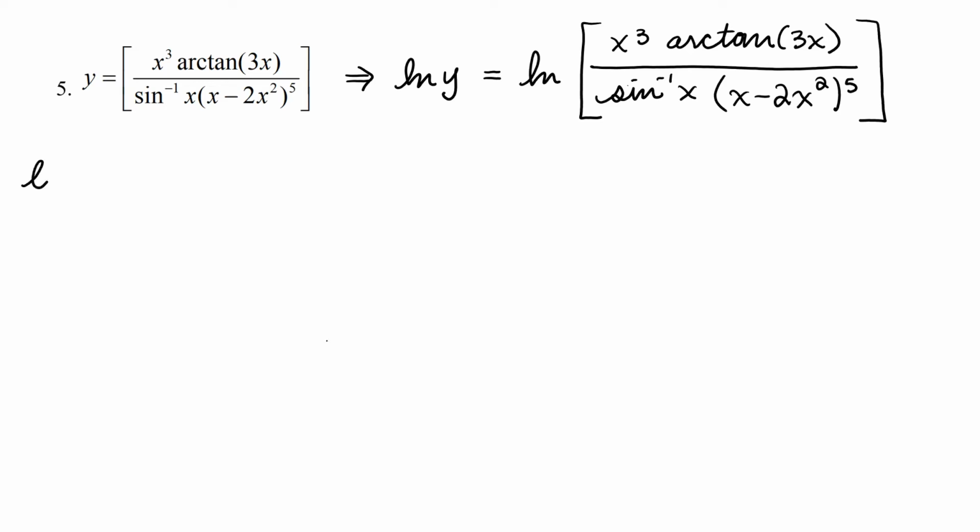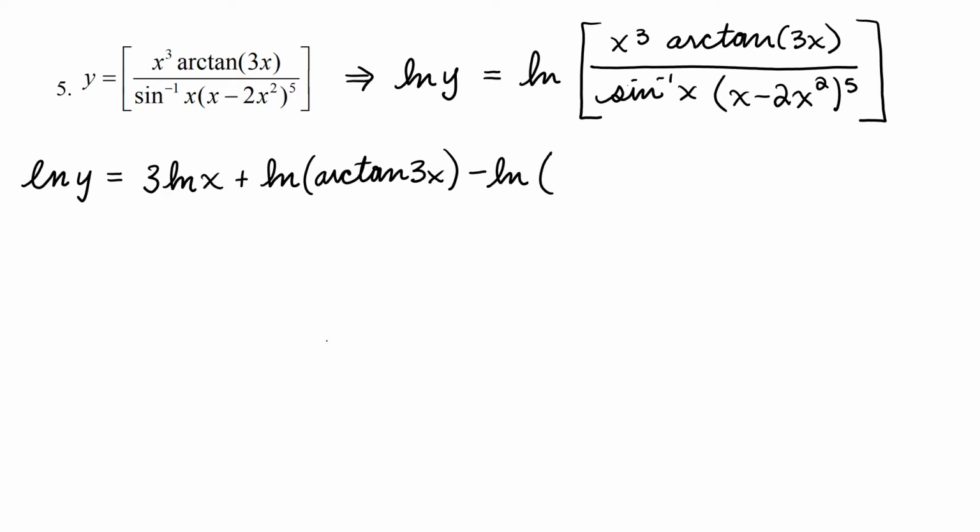So the natural log of y is equal to 3 times the natural log of x plus the natural log of arctangent 3x minus the natural log of inverse sine of x, being very careful that we don't try to pull this exponent out because that's not actually an exponent, that's an indication that we have an inverse function, minus 5 natural log of x minus 2x squared.